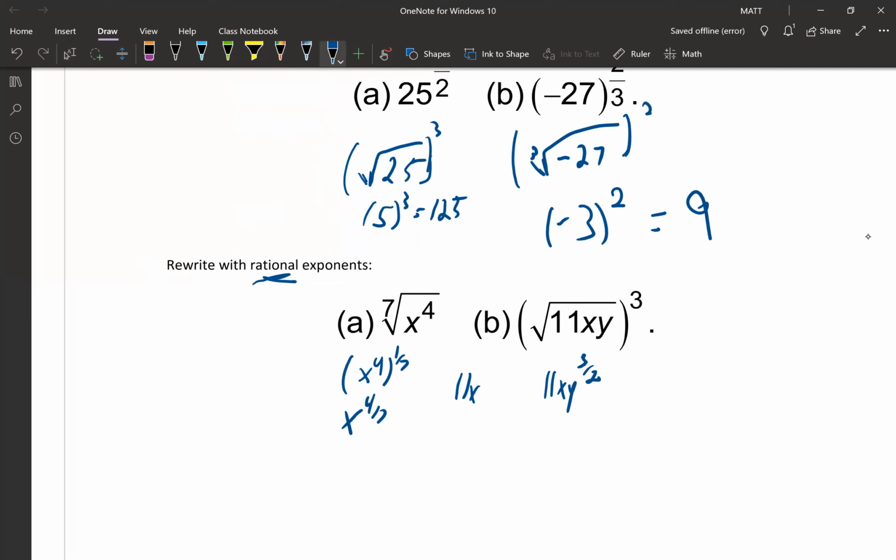So it's 11xy raised to the 1/2 power raised to the third power, and that's the same thing as that. So all we're doing there is changing the square root into the 1/2 power, multiplying 1/2 by 3, and we get 3/2. Okay. All right.